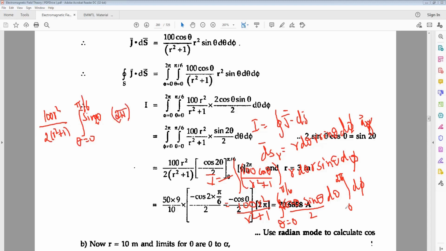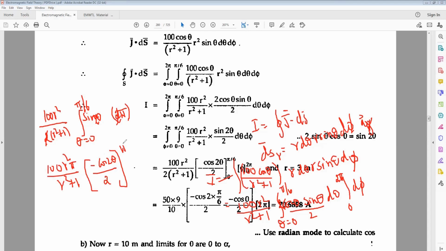After the 2 cancels, we get 100 r² pi by (r² + 1), and the integral of sine 2 theta is minus cos 2 theta by 2.